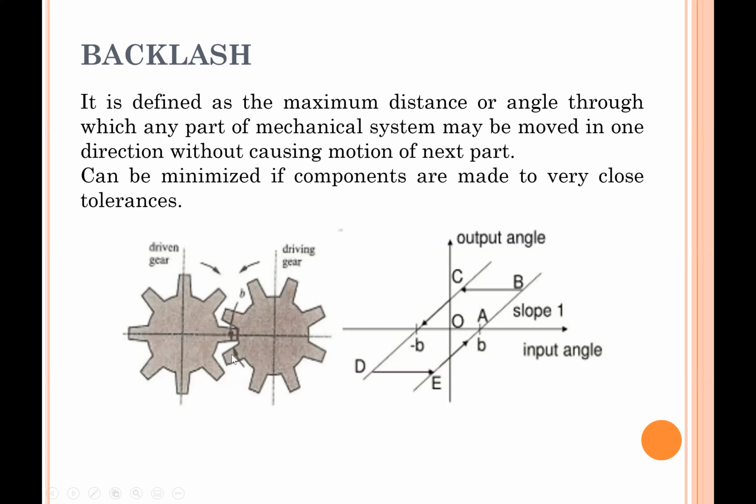So by the time this driving gear covers this gap, the driven gear does not change the direction. Once this gap gets covered, the two teeth come in close contact with each other, then the opposite force works on the driven gear and the direction of the driven gear actually changes. So this kind of a phenomenon is called backlash.